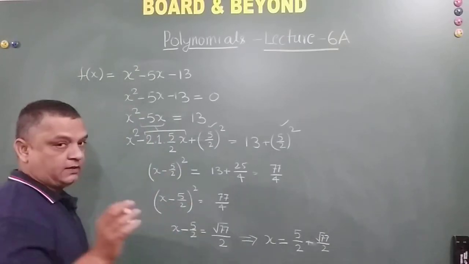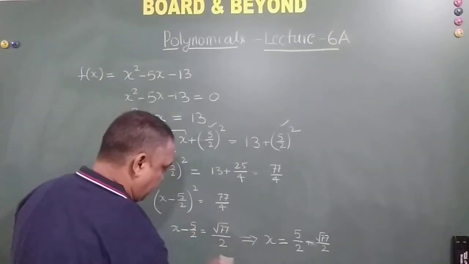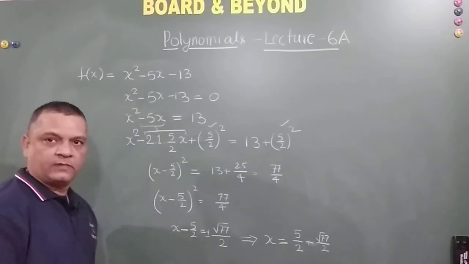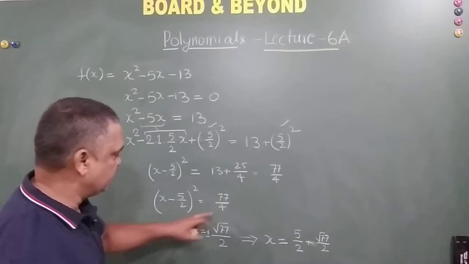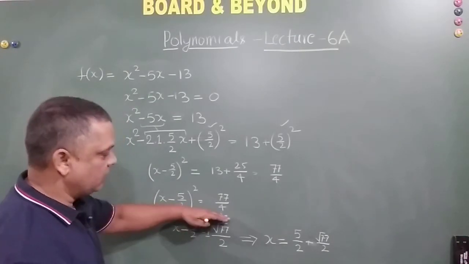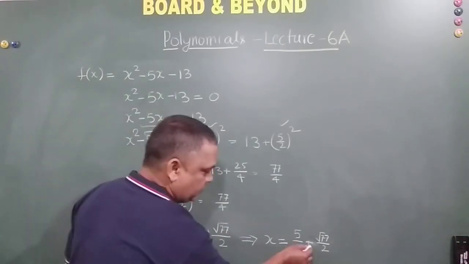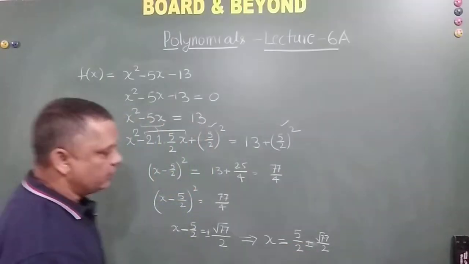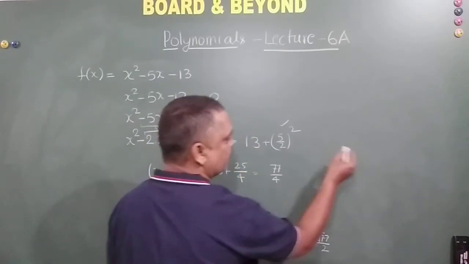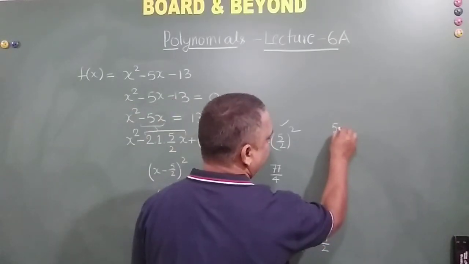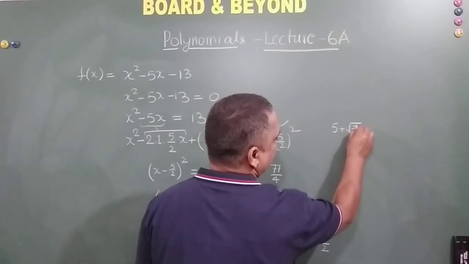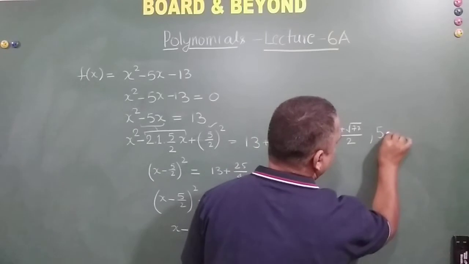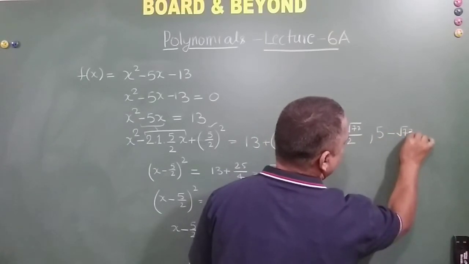Now one thing that we must follow here is that this will be plus or minus, because when we are taking the square root, it will be either plus or minus. So plus or minus root 77 by 2. Solving it a little further, my friends, taking 2 as LCM, this becomes 5 plus root 77 by 2 and 5 minus root 77 by 2.